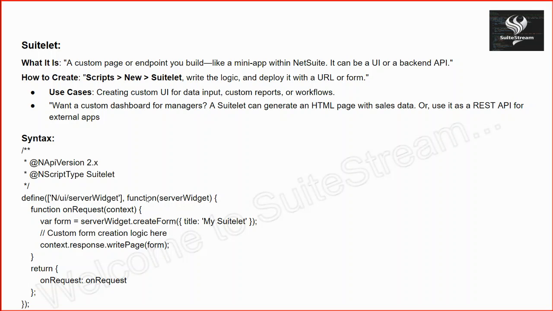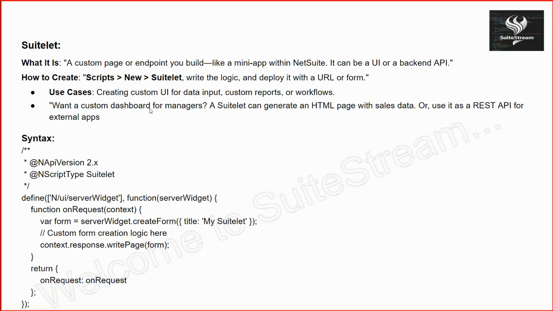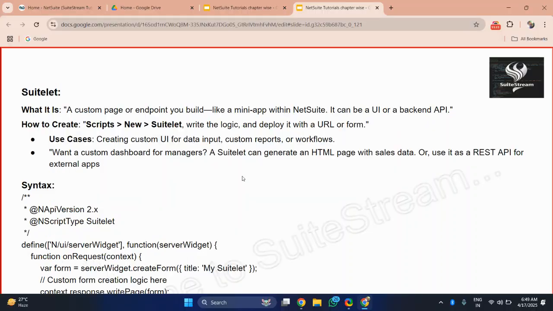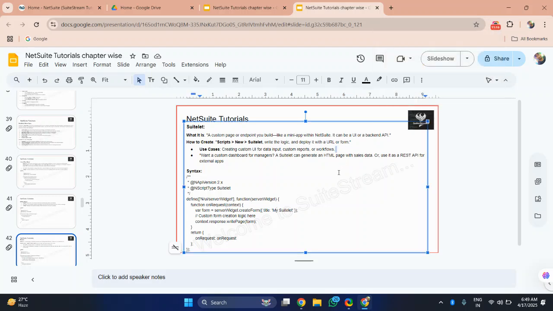Now we have to define the form, serverWidget.createForm, then give the form title. For example, we give a form title here. So this is onRequest, and we return type onRequest, and we can close. This is a sample syntax.